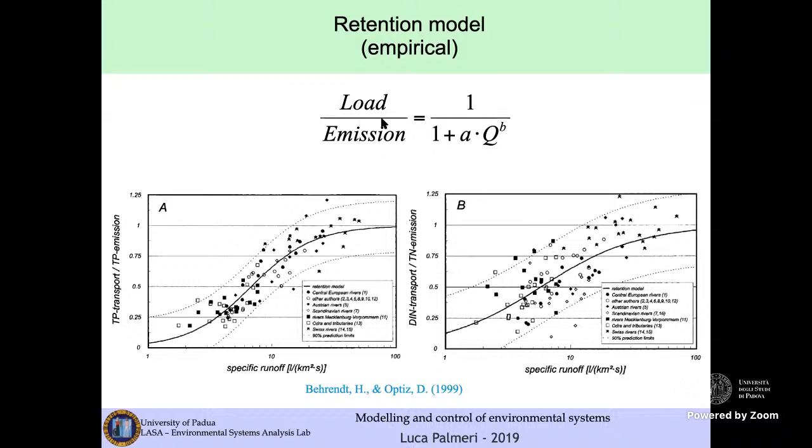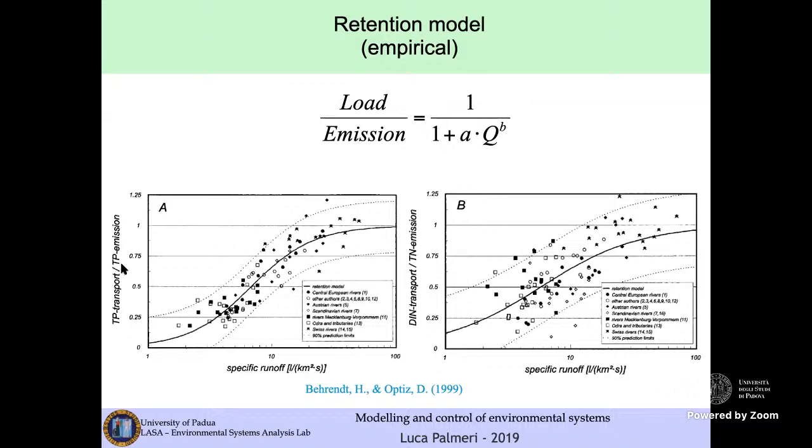This ratio of load over emission depends on discharge, Q, and on two parameters, small a and small b. We have, for example, more than 50 data points all over Europe that were employed to calibrate this retention model, in terms of finding good values of parameters a and b for total phosphorus transport over total phosphorus emitted.